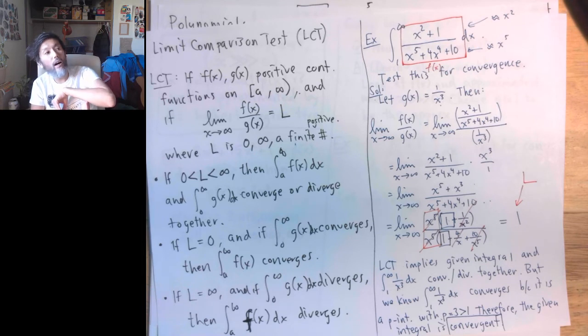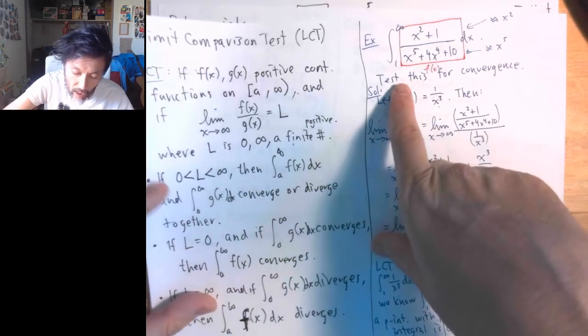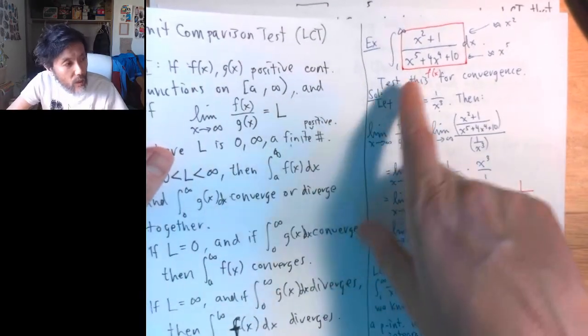And you will very often find yourself using g of x to be a p integral. Very often. And let's be more precise. G of x isn't itself an integral. G of x is a function. But it will be the integrand of a p integral. So that means it's of the form 1 over x to the p, right? Yeah, you're right that it will very often be.